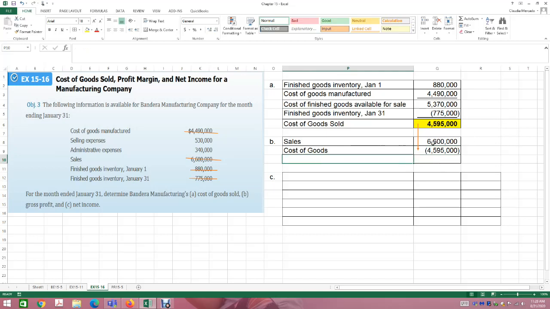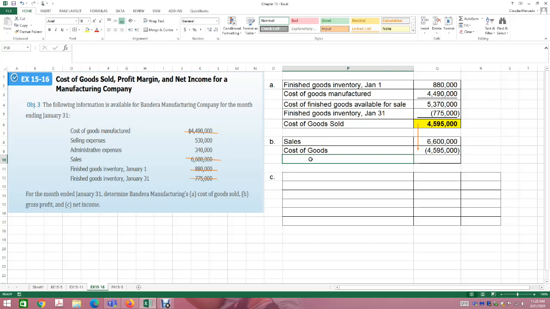Now, if your sales are greater than your cost of goods sold, then you've got a profit. If your sales are less than your cost of goods sold, then you've got a loss. You don't want to be spending more money making your product than what you sell it for. That's a no-brainer. We always want to mark up our product.